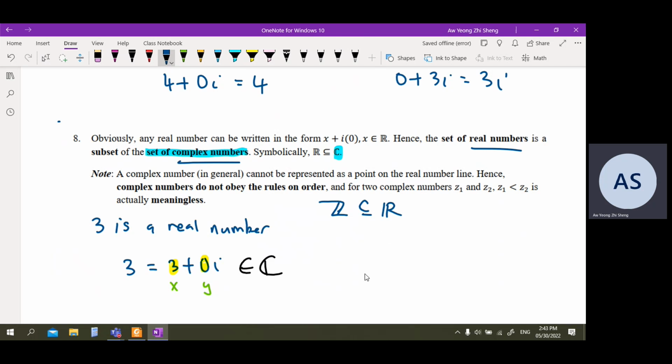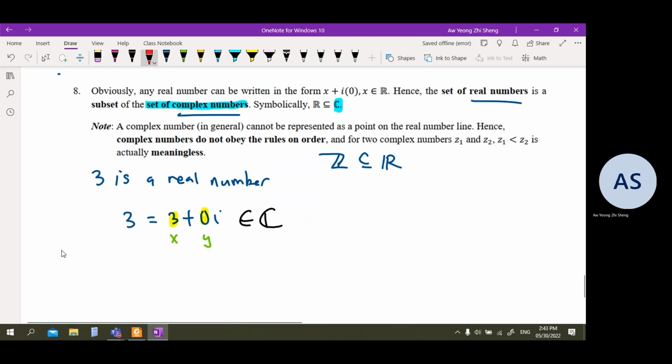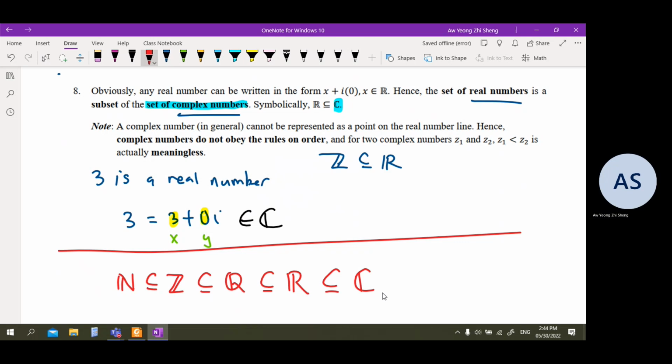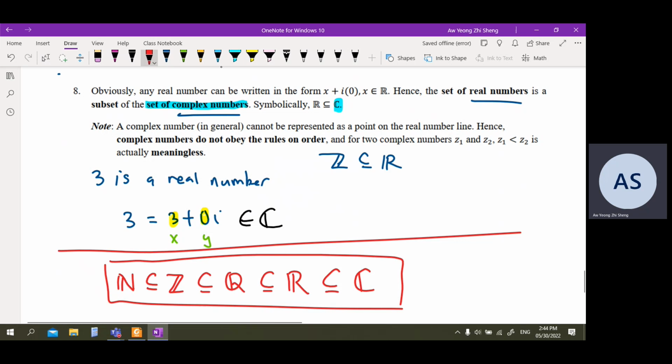And so now this adds on to the multi-layered subset relationship that I mentioned at the beginning of this lecture. We know that natural numbers are contained in the set of integers. The set of integers is contained in the set of rational numbers. Rational numbers are contained in the set of real numbers, and real numbers are contained in the set of complex numbers. So now we have this multi-layered subset relationship, and this is the newest addition to it.